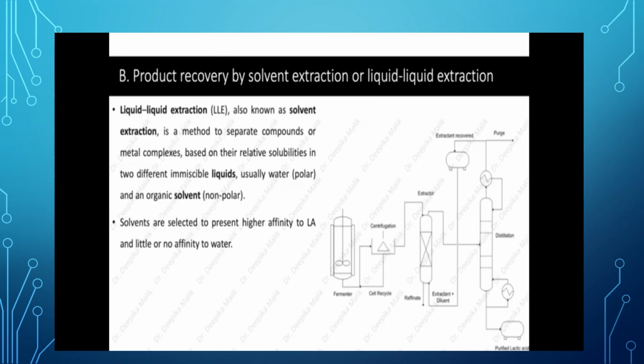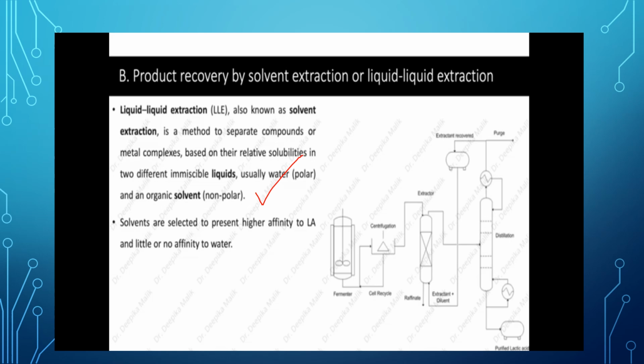The second technique is product recovery by solvent extraction process. Liquid-liquid extraction, also known as solvent extraction, is the method to separate compounds or metal complexes based on their relative solubilities in two different immiscible liquids. Usually one of these is polar and the other is non-polar.